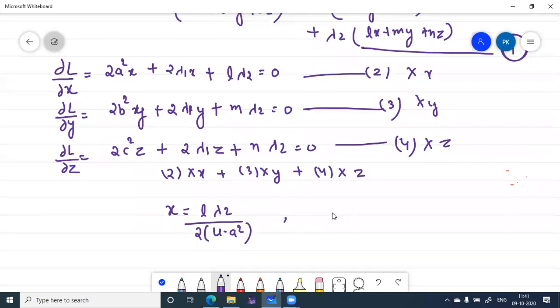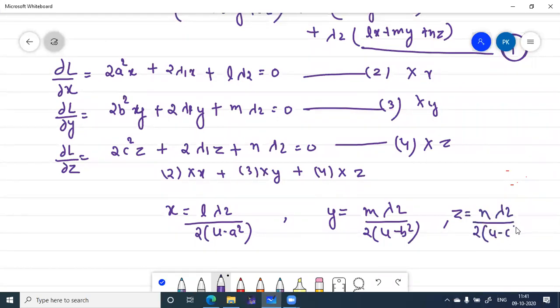In the same way, just eliminate and try to solve it. And we'll get the value for z as n lambda 2 by twice of minus c square. So when you substitute these values of x, y, z in the given conditions, that particular value gives the minimum or maximum value of the function.